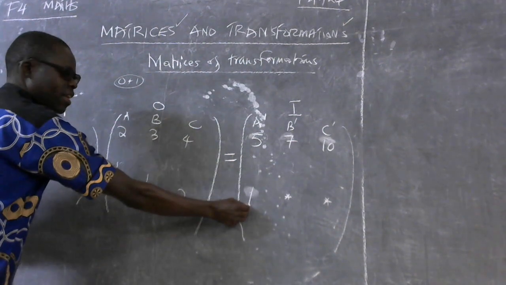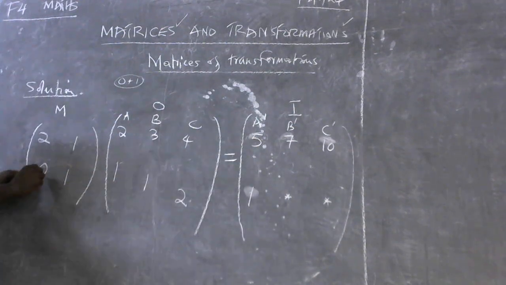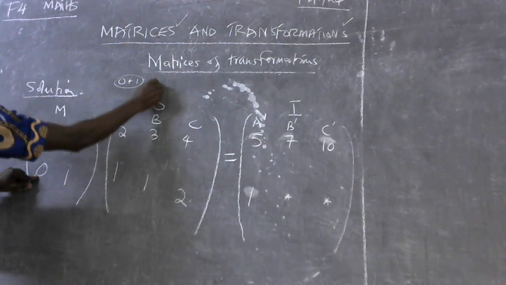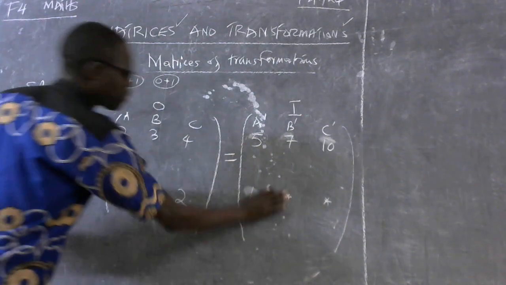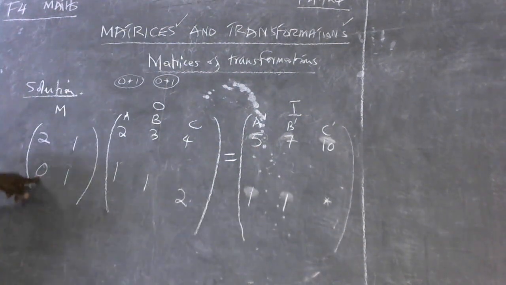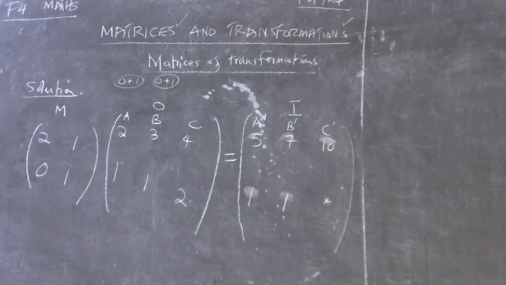We have completed this one. We want now this. So 0 times 3, plus 1 times 1, total 1. Only one is remaining, this one here.